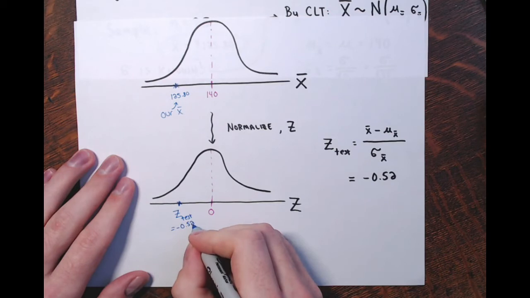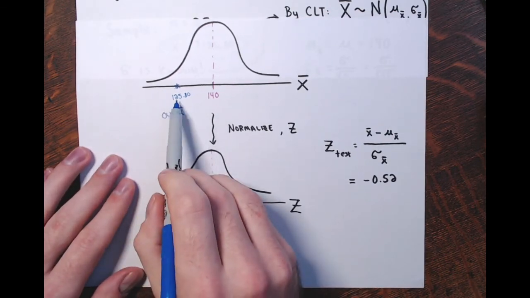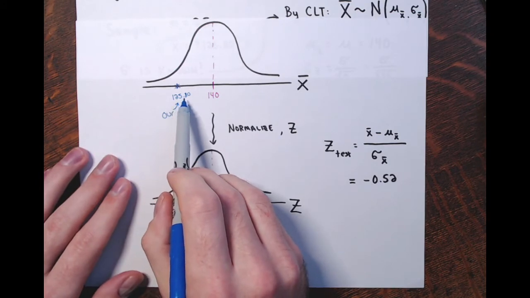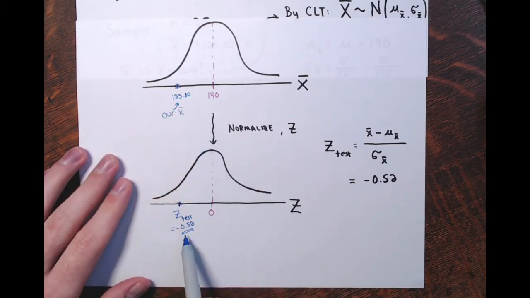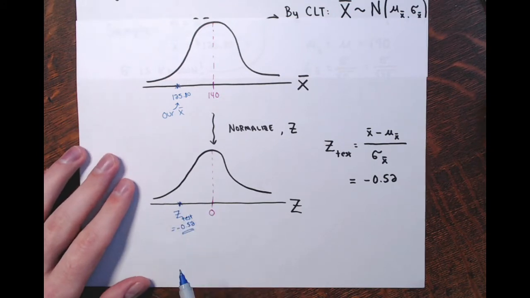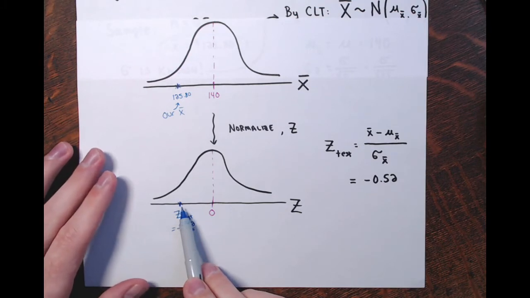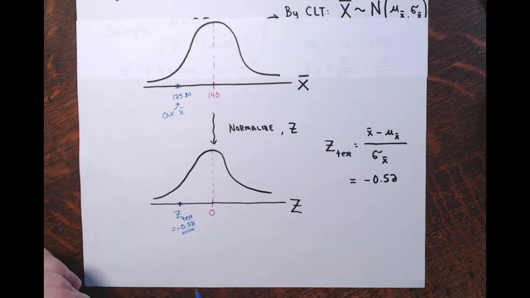And what this tells me is that our sample mean, 125.8, is negative 0.52. It is 0.52 standard deviations below the mean. And that's not that far away. You're within 1 standard deviation of the mean, so you're pretty close.